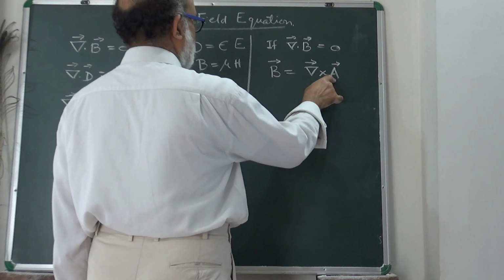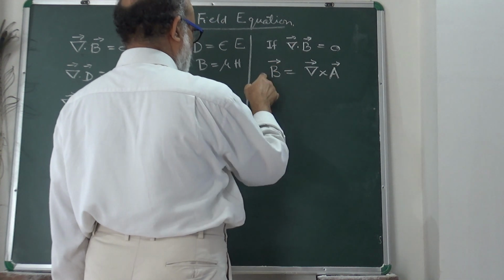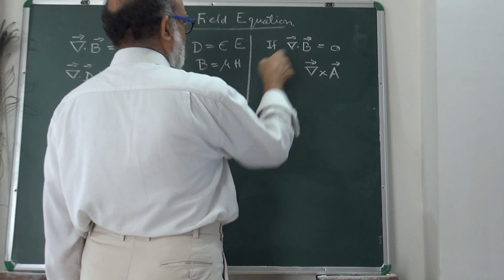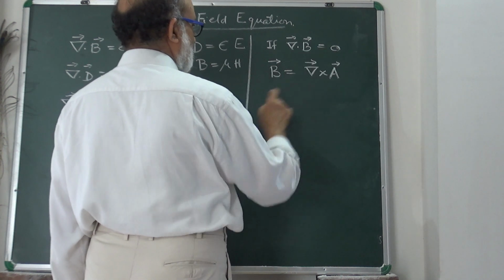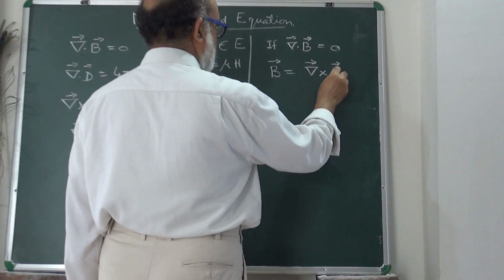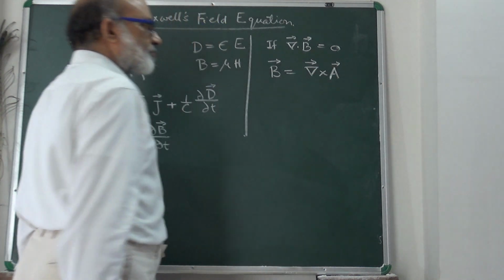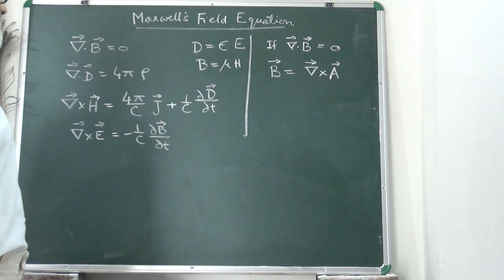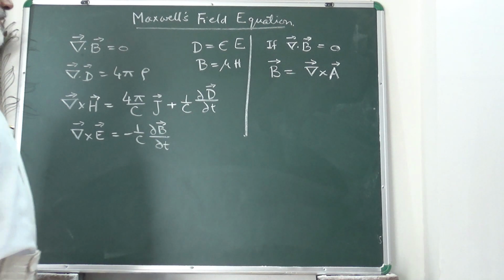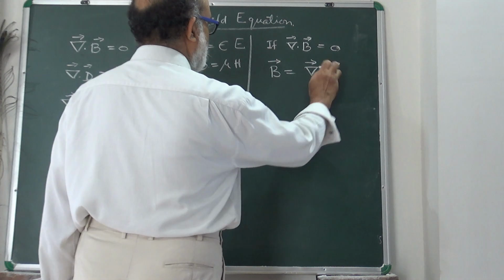Because this is a vector, if you take the divergence of B you will get 0, because divergence of curl of this vector field is 0. So B can then be written as curl of a vector field, say A.